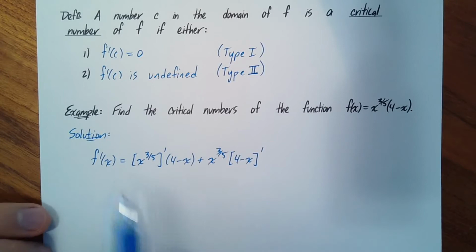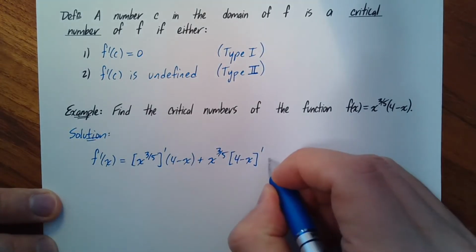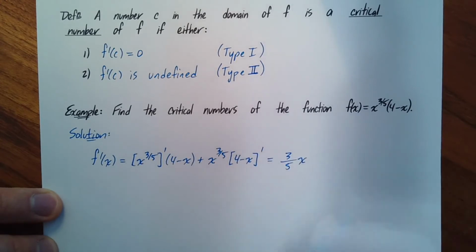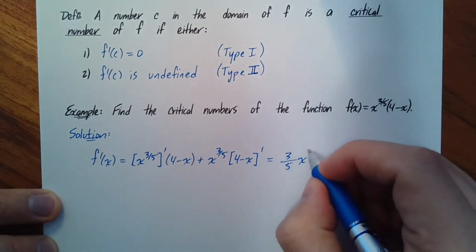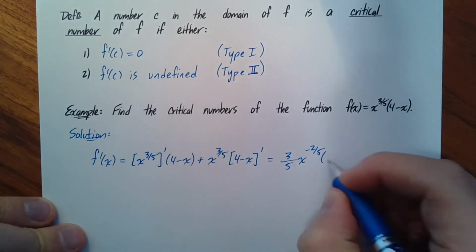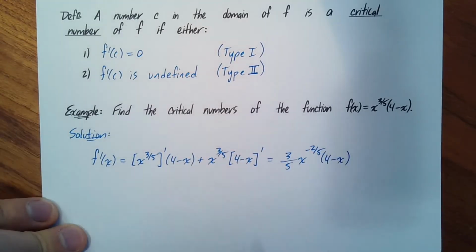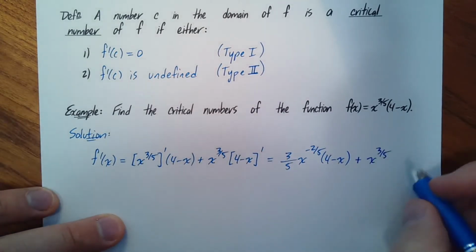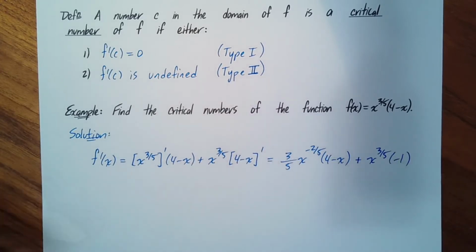Okay, so what happens if you differentiate x to the 3/5 using the power rule? You're going to get 3/5 times x to the 3/5 minus 1, which is negative 2/5. So that'll be multiplied by 4 minus x. And then over here, this will be just x to the 3/5 multiplied by negative 1.